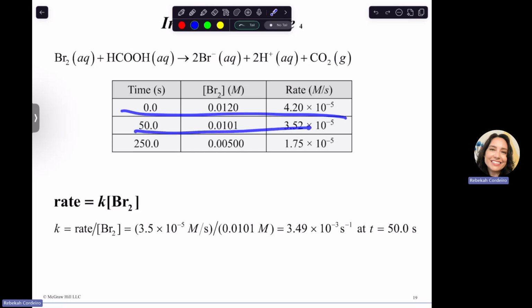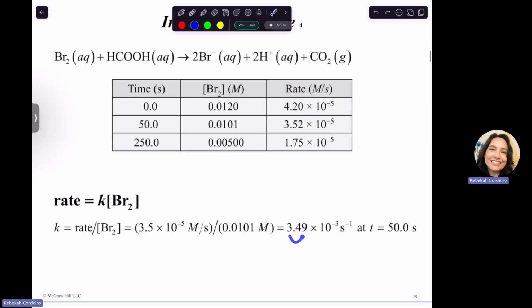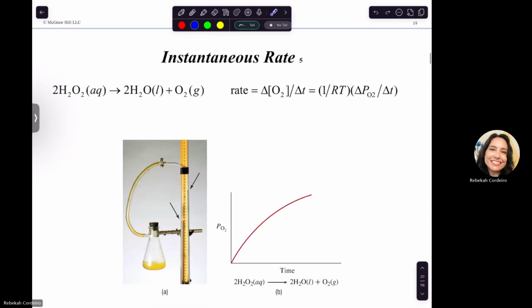Let's take 50 seconds, which is what they use here. We'll plug in our rate, we'll plug in our concentration, and we get this. Now look at the units. It's molarity per second divided by molarity. So we cancel the molarity and we have inverse seconds. So the rate constant is just whatever units it needs to be to have this all work out according to this rate law, which is the formula.